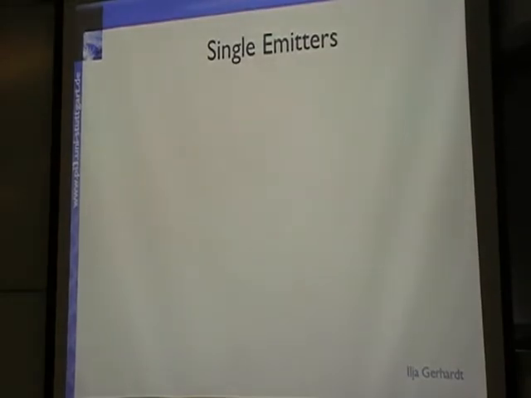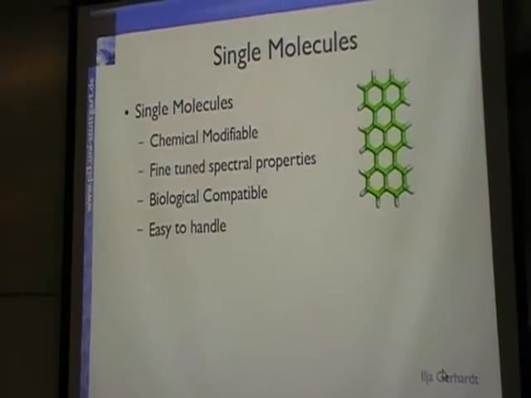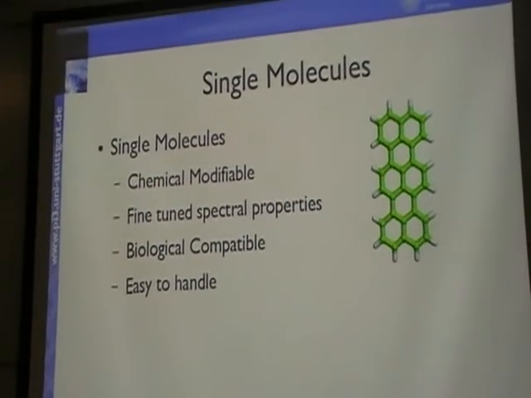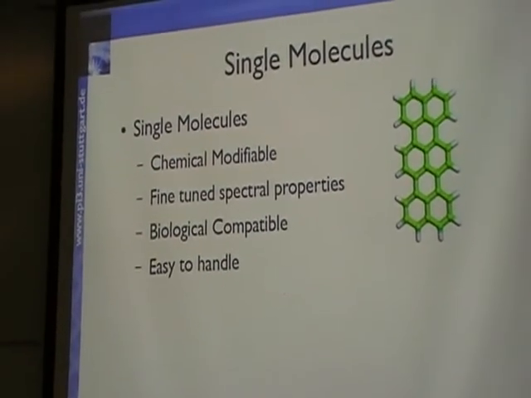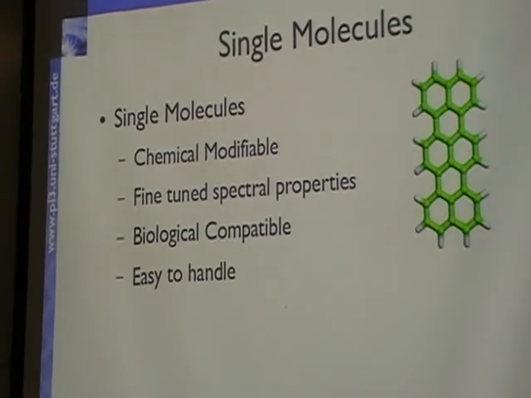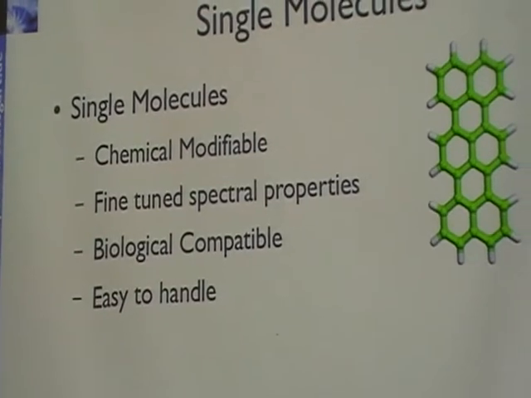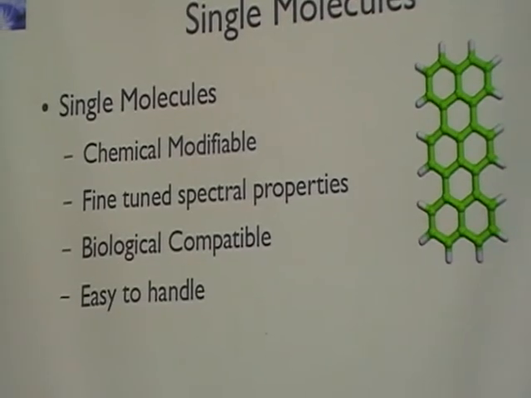If you think about single molecules, which were introduced in the 80s, it's pretty nice because in principle you can really tailor such a single emitter. You can modify it chemically. You can make it bind to some functionality in a cell, for example, and you can attach these single emitters.